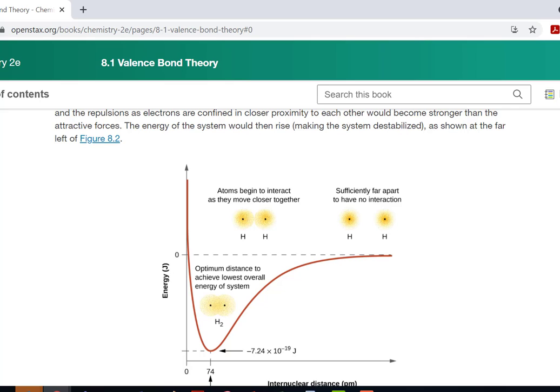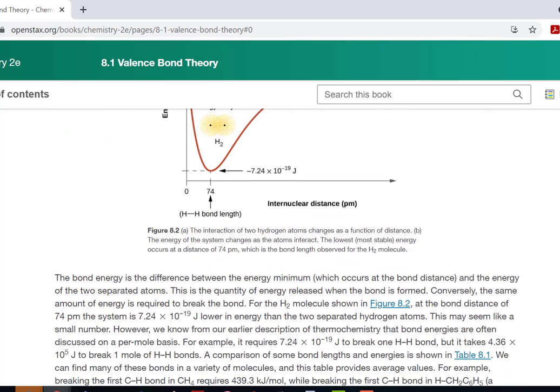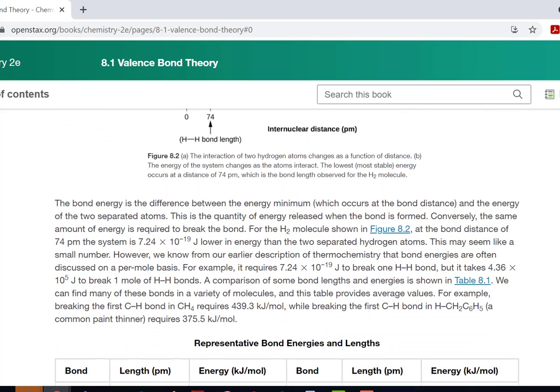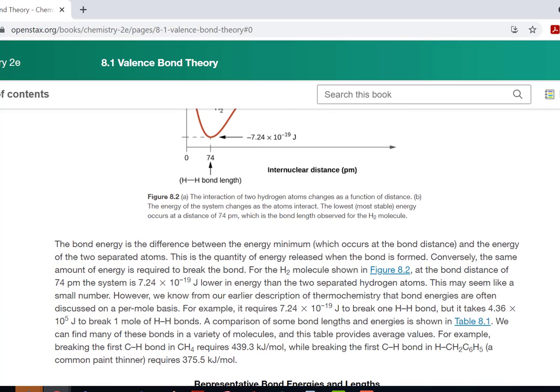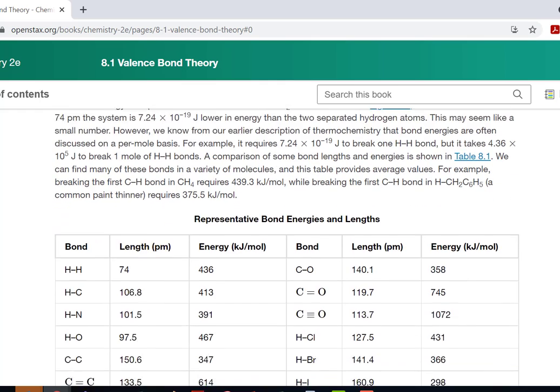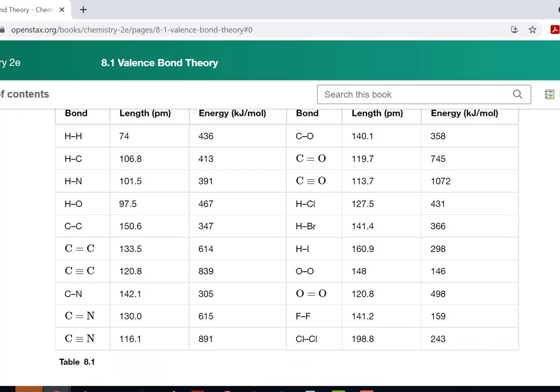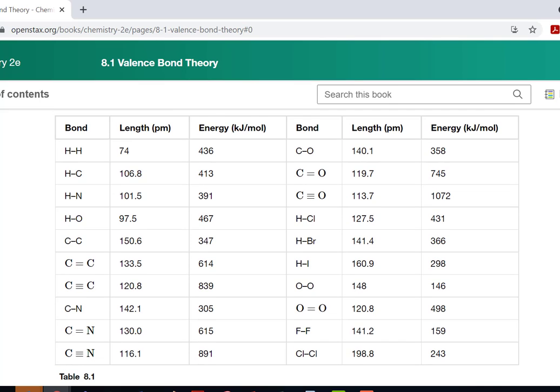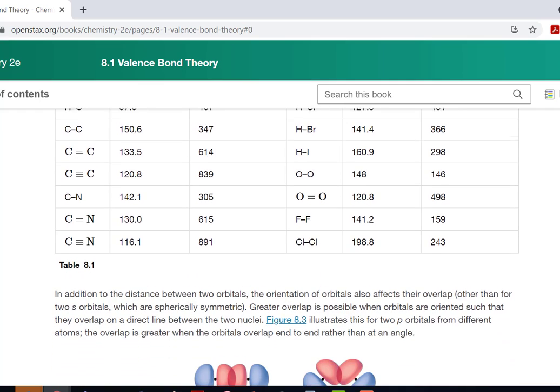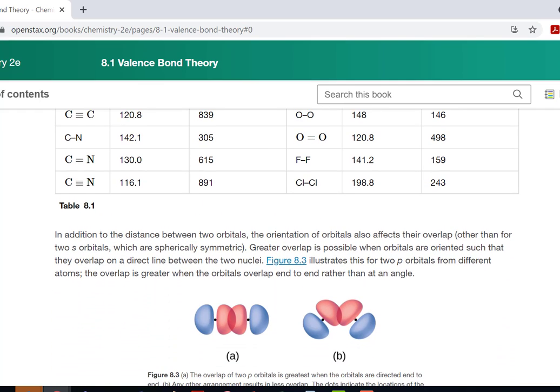These are the basic ideas of valence bond theory. Don't worry too much about the specific energy values. And then we have different bond lengths that correspond to various energies. Again, this is something we're not going to get into detail on in this course.